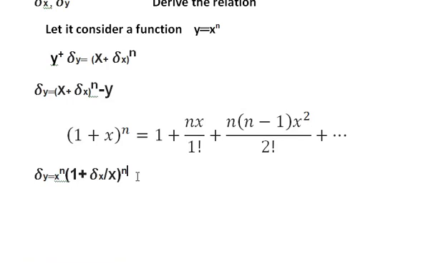And the next step is this (1 plus del x upon x) whole power n expands in this case. Here 1 equal to 1, x equal to del x upon x, n equal to n, and this function is valid for this formula.